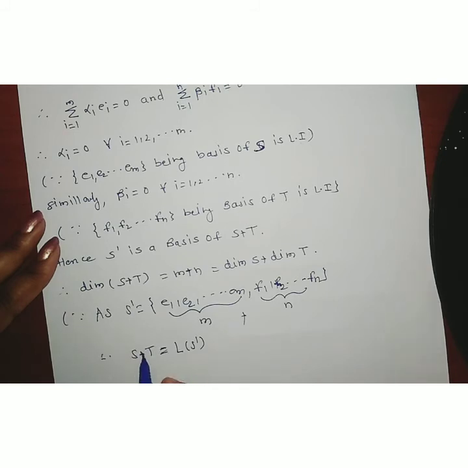Okay, therefore as S dash spans and this set is linearly independent, the dimension of S plus T is nothing but the number of elements in the set S dash. So how many elements are present? m plus n.